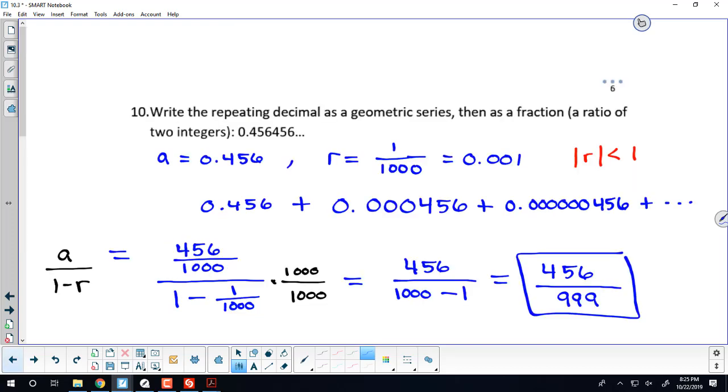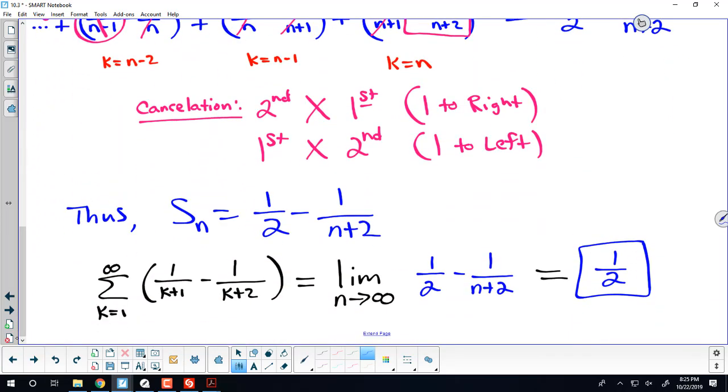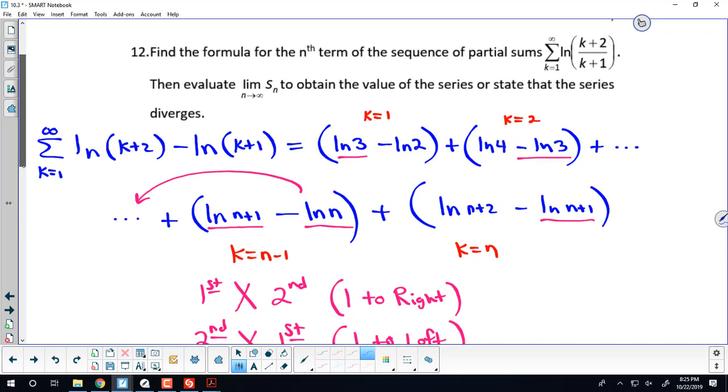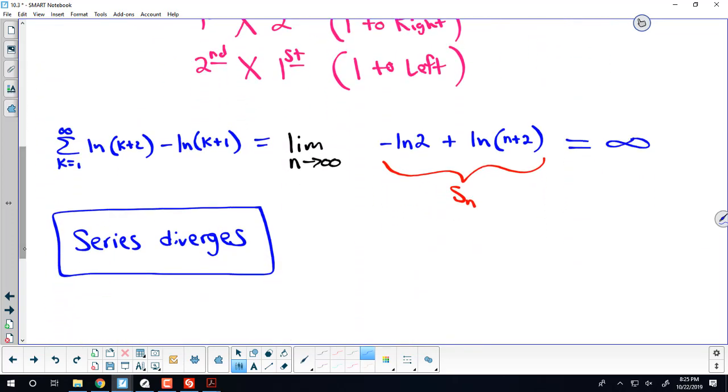What was the other one? The other one that we looked at here, it converges to 1/2. So not only do we know if it converges, when we can find the nth partial sum, we can explicitly state what it converges to. As we'll see with most of these series in chapter 10, the best we could say is this thing converges or it diverges. In most instances, we wouldn't know what it converged to.